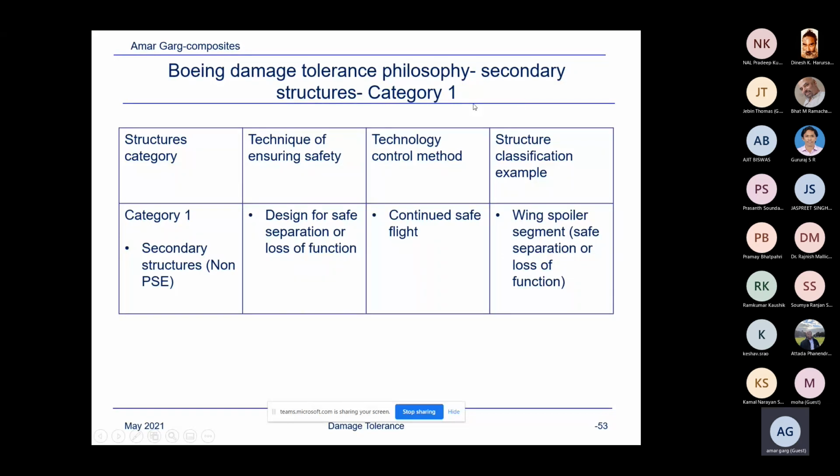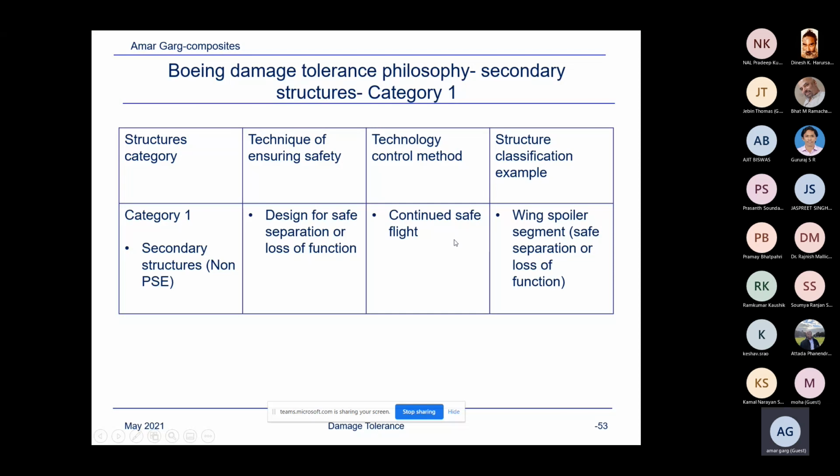Secondary structure, category one. Category one is the secondary structures like non-PSEs, where Boeing's design philosophy is design for safe operation or loss of function. They don't consider large notch damage tolerance for secondary structures, which I did discuss during certification also. There's no requirement from FAA for that.